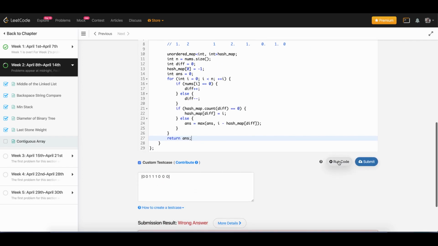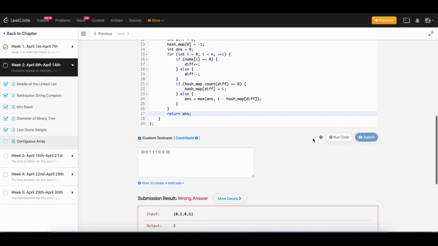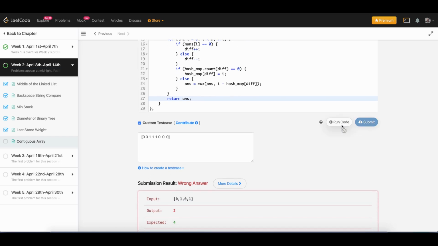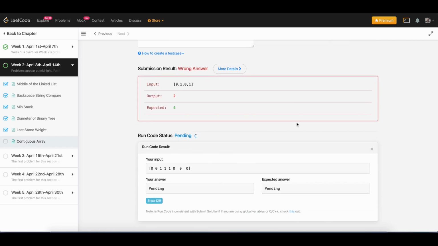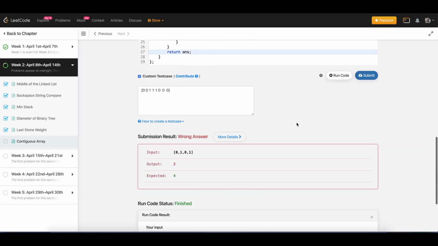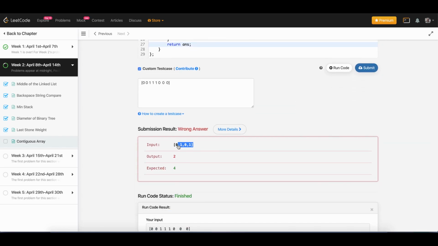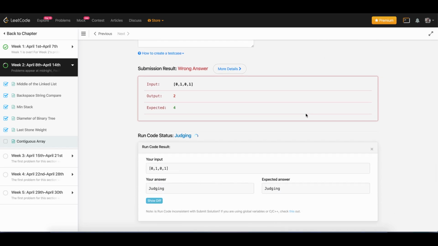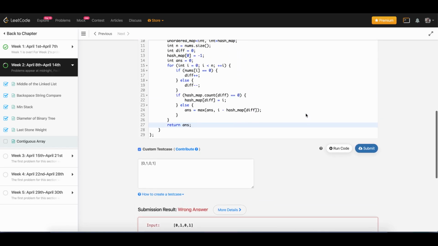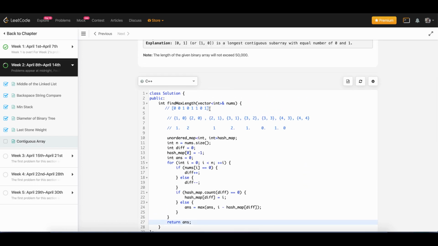Okay, let's try to run. Nice. Let's try with this case. Four. Okay. Let's try with the case we are considering.